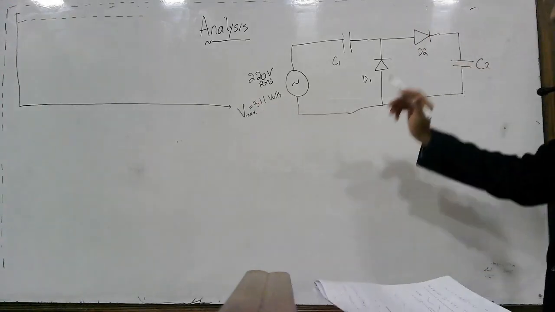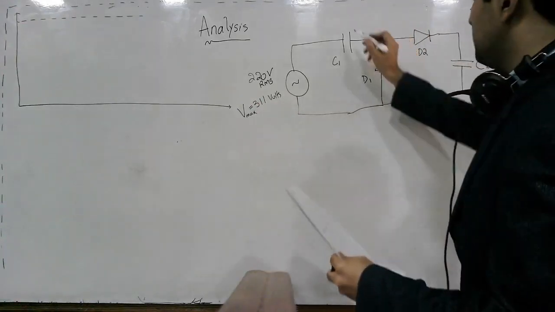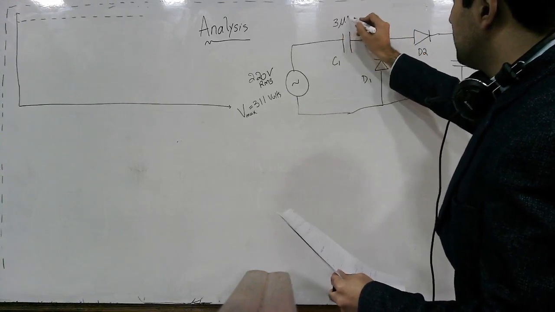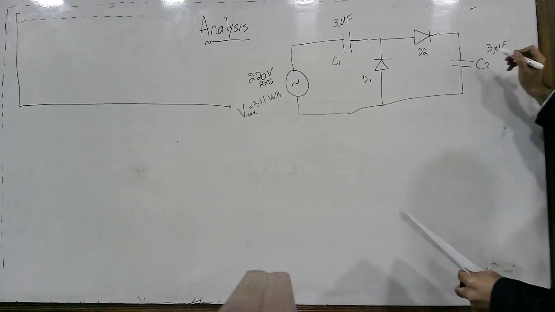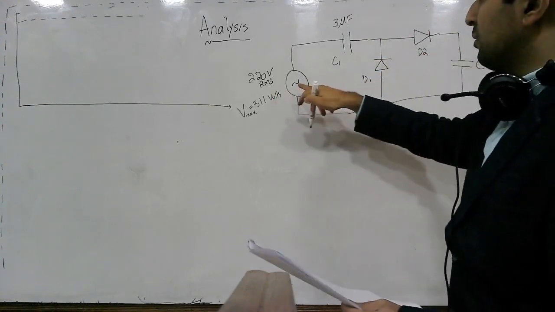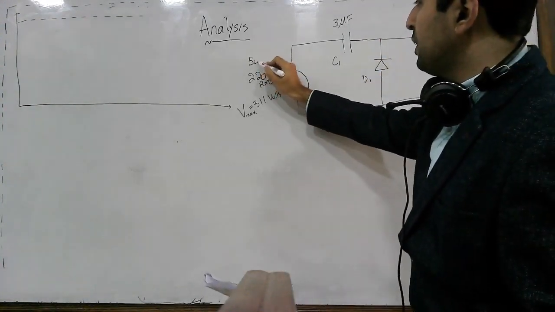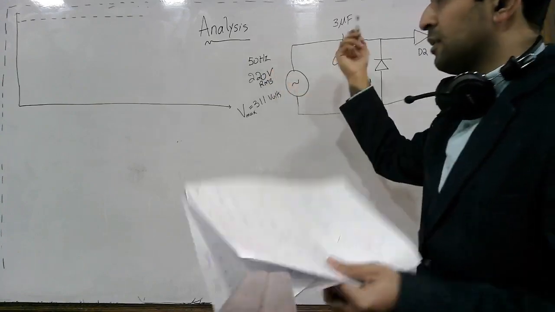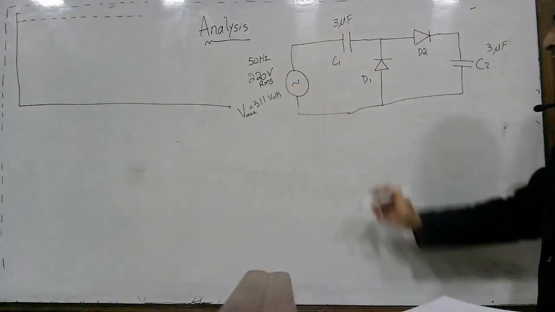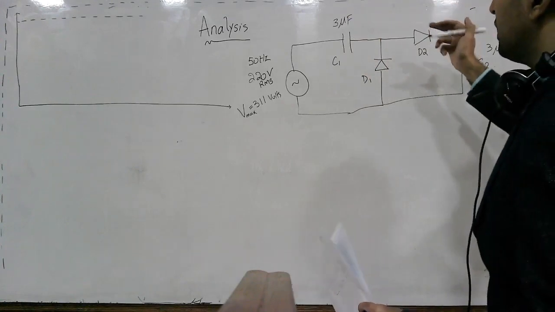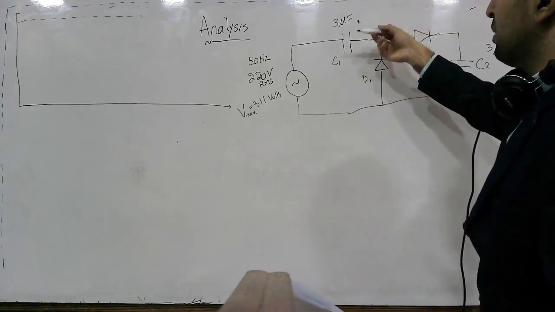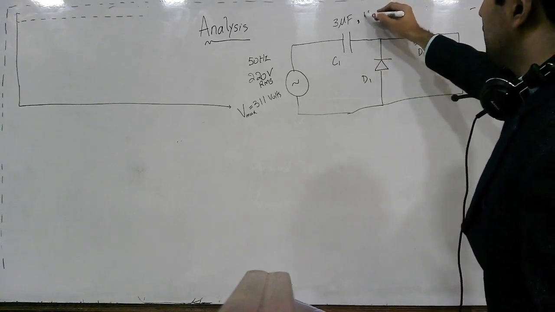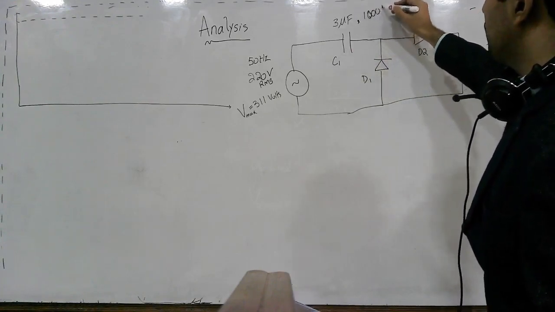The capacitor we are going to use is a 3 microfarad capacitor, and this voltage source has a 50 hertz frequency. Let's say the voltage rating, the maximum voltage this capacitor can bear, is about 1000 volts.